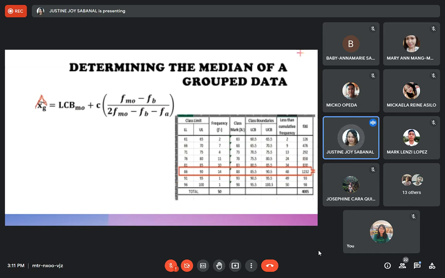So, ano po yung magiging value ng lower class boundary of the modal class? Anong value na po? So, we have 85.5. Correct po.